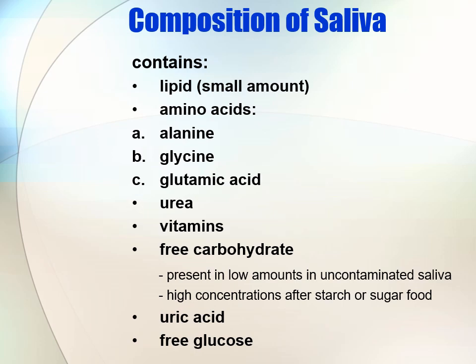Those free carbohydrates are present in a low amount in uncontaminated saliva, which means without the presence of food. The free carbohydrate concentration is high after food and sugar. Other saliva components are uric acid and free glucose.